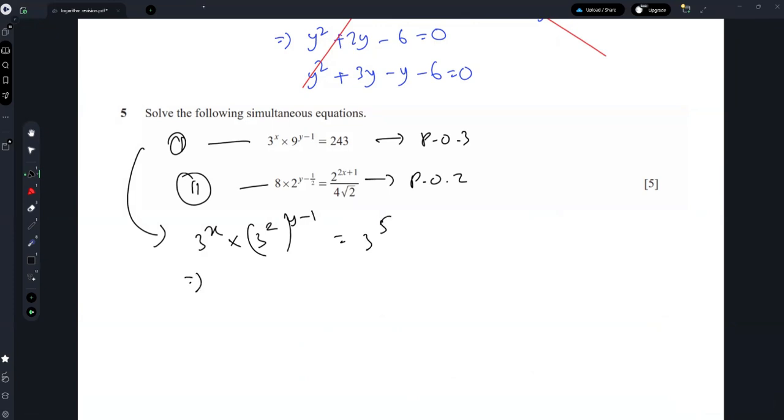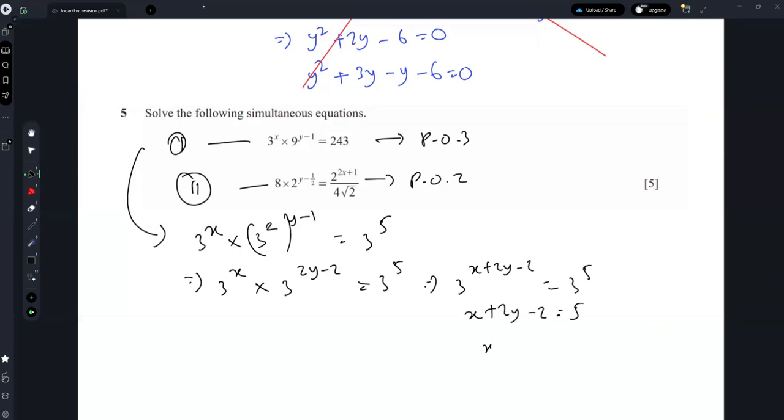So therefore, we get 3 to the power x times 3 to the power 2y minus 2 equals 3 to the power 5. Therefore, 3 to the power x plus 2y minus 2 equals 3 to the power 5. x plus 2y minus 2 equals 5. x plus 2y equals 7. This is equation 3.